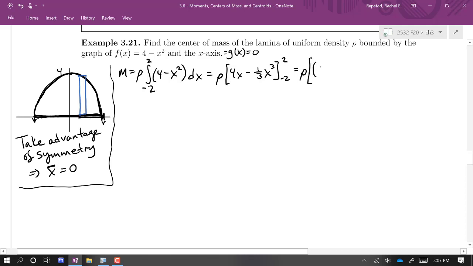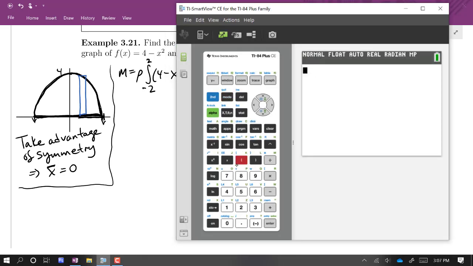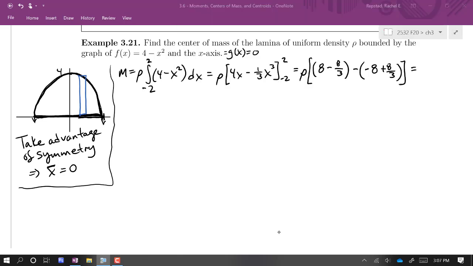Plugging in the upper limit, 4 times 2 is 8, minus 8/3, minus, and then if we plug in -2, that'll be a -8 plus 8/3. So that's really just 8 minus 8/3 times 2, if you chase the signs through. And I get 32/3, so the mass is 32 rho over 3.